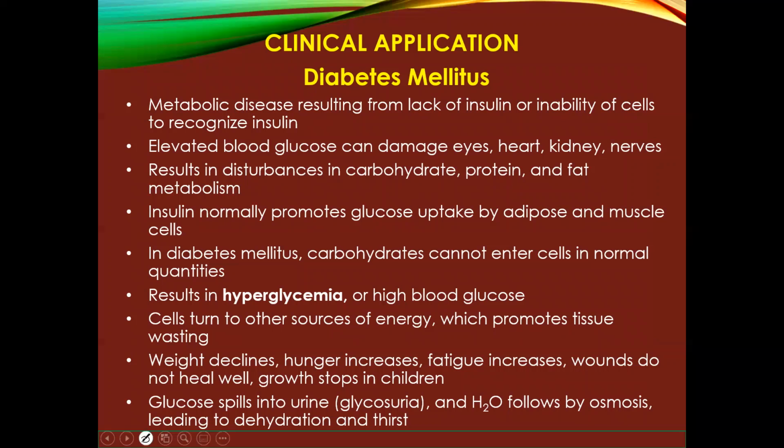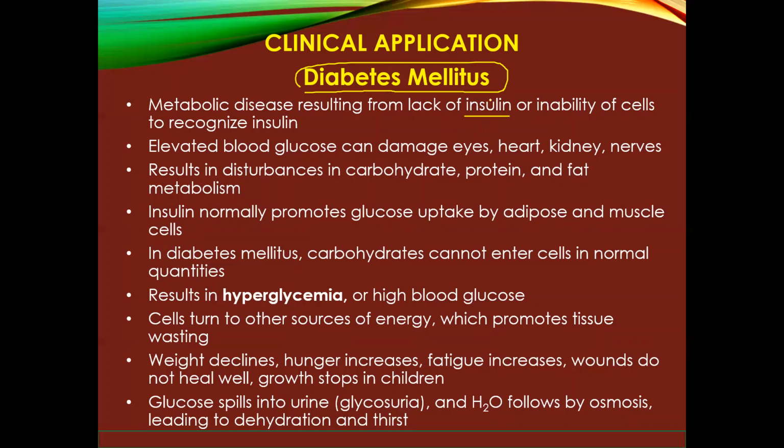Clinical application for these hormones. There is a very famous disease called diabetes mellitus. This is mainly due to insulin deficiency. There are two types, type 1 and type 2 diabetes.